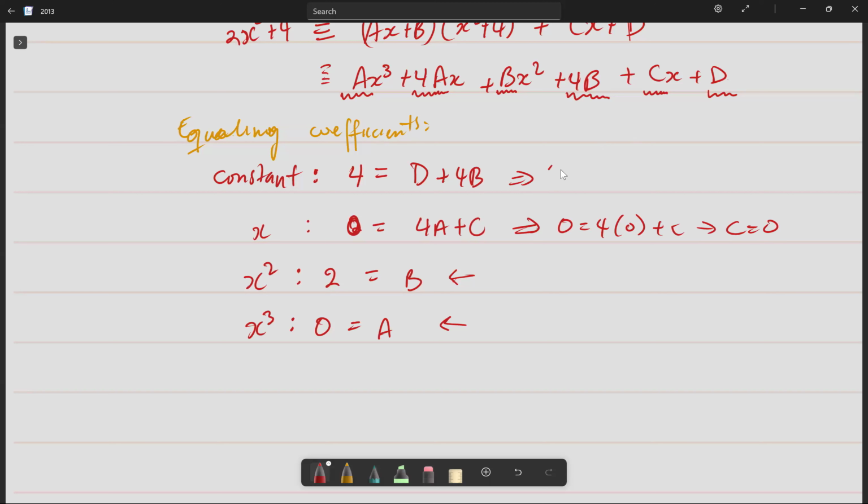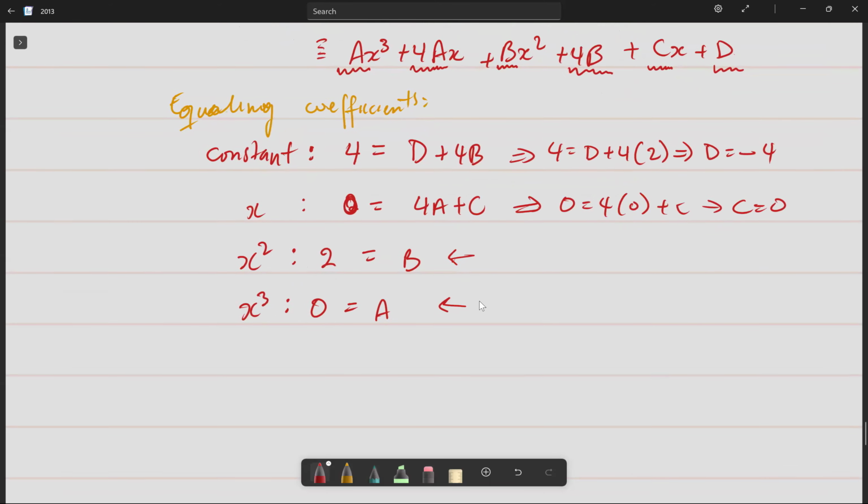For d, we have 4 is equal to d plus 4b, and b in this case is 2, so that means d is equal to negative 4. So we have each of the answers now: a is 0, b is 2, c is 0, and d is negative 4.